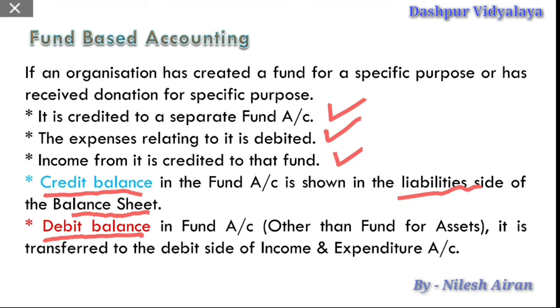It means that will become an expenditure for the not-for-profit organization, and hence it will be debited to the income and expenditure account. It means when the fund amount is more than the expenditure, it will be shown on the liability side of the balance sheet, because the fund cannot be used for any other purpose.